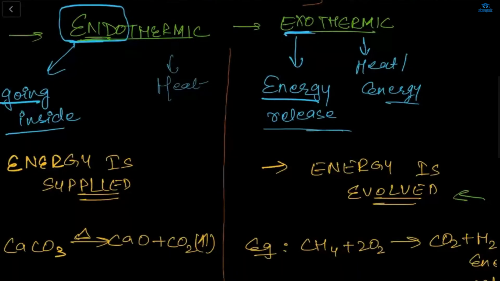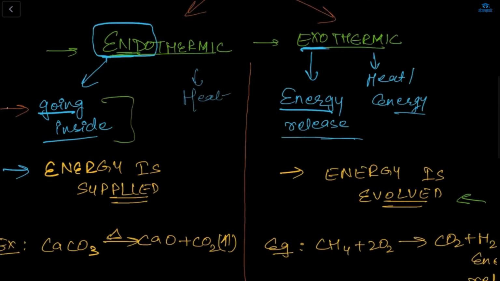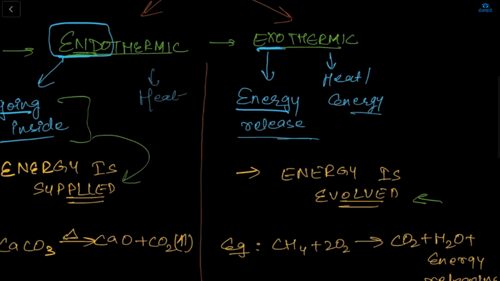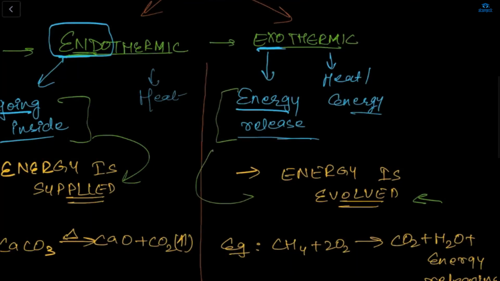When the energy is evolved, it means the heat releases. Correct? Getting it? Yes, ma'am. Endo means going inside, and if anything is going inside, the energy is being supplied to that particular thing. Exo means energy releases. So if energy is released, it means energy is evolved.